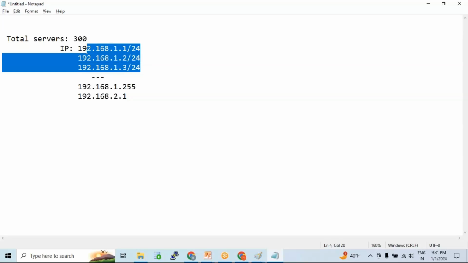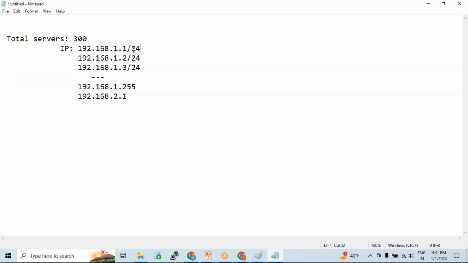Now, from this IP address with a /24 notation, if I ask you what will be the network ID of these three IPs? The network ID will be 192.168.1.0. When it says /24, just take the 24 bits from this IP and the last portion will be a 0. That's how we can make the actual network ID from the shortcut notation as well.